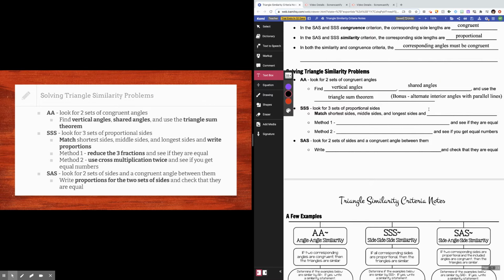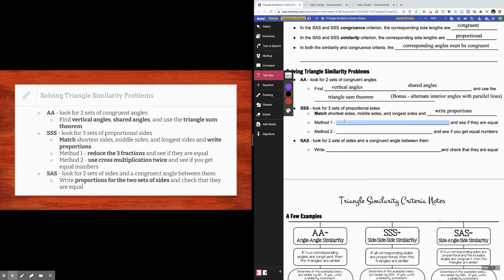For side, what you're looking for is 3 sets of proportional sides. So the way that you solve these problems is you always match the shortest sides together, the middle length sides together, and the longest sides together and write proportions, meaning write fractions, okay?